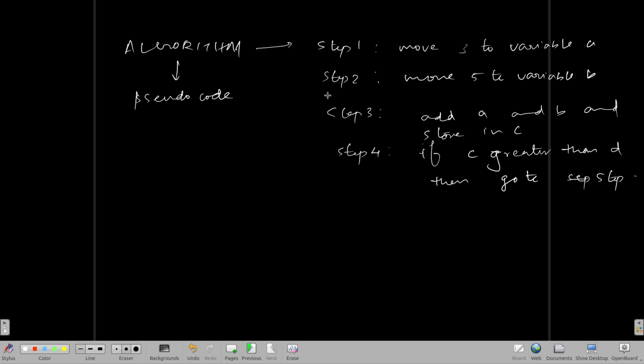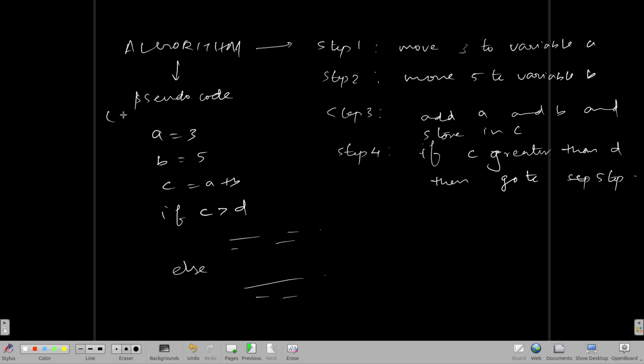In pseudocode, this is a little bit cumbersome. You can simply write A equal to 3, B equal to 5, C equal to A plus B. Then if C is greater than D, then do this, else do this. So here you can see this may look like some particular language, it may not. This is sort of informal, right?